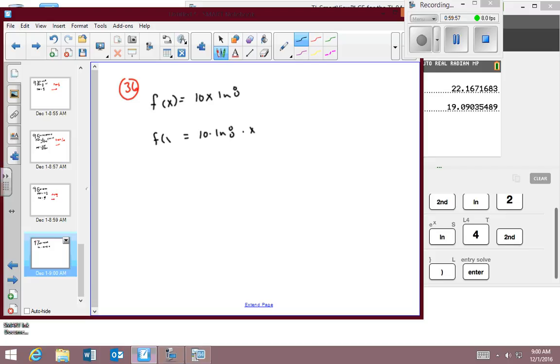That's what this function is. So then the first derivative is just 10 times ln of 8 times the first derivative of x. Their statement is that the first derivative is equal to 10. That's incorrect.